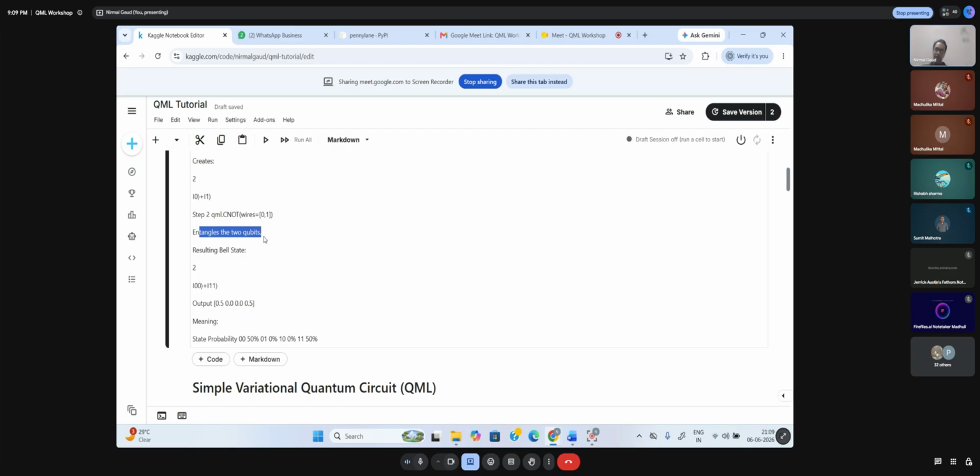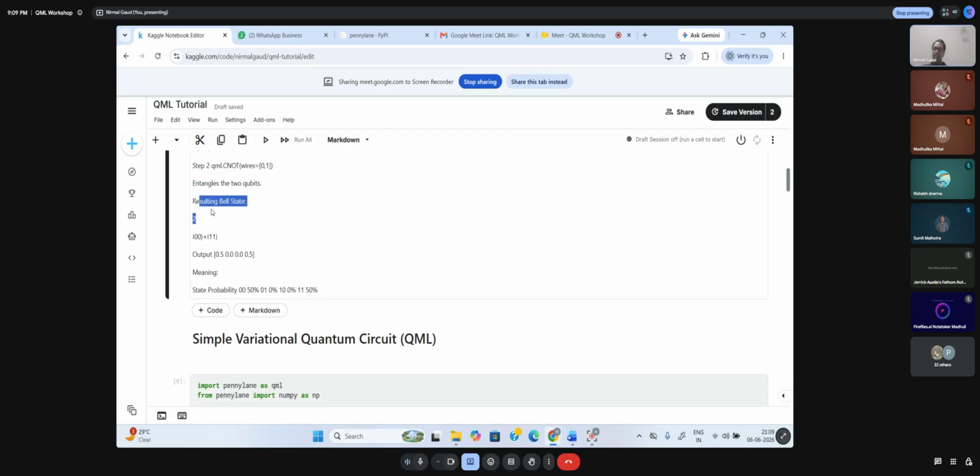That means it will superimpose two qubits, resulting in a Bell state, 00 and 11, and the output is 0.5, 0, 0, 0.5. And the probability is 50%, 0%, 0%, and 50%. That is what the result is coming.